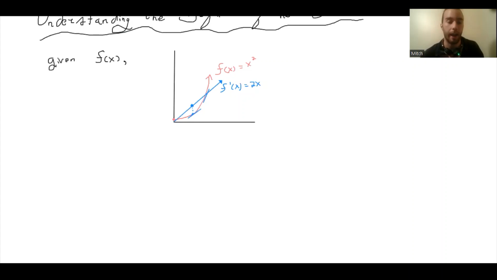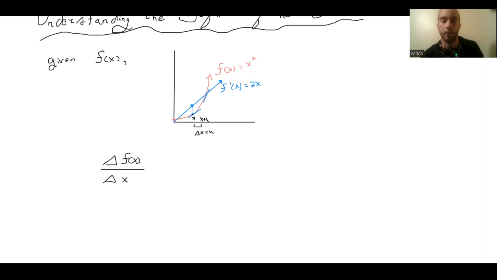So we know the average rate of change, delta f of x over delta x, is how much it will change on average over some interval. So let's say this is our specific point x and our delta x is this little interval here, then we can call this one x plus h. So delta x is this distance h here.